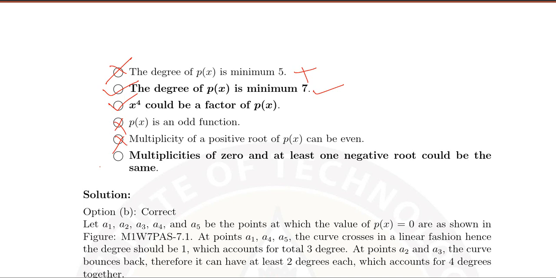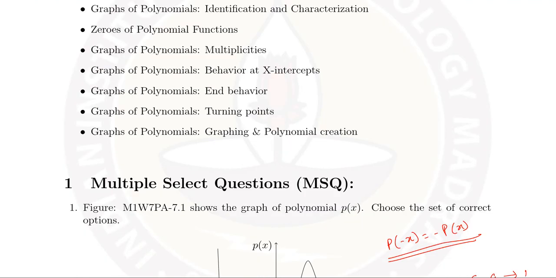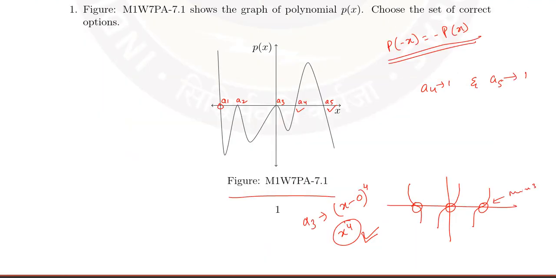Now let's see the option given to us. We can see here there are two negative roots, one at a1 and a2, and it says at least one negative root will have the same degree as the one which is at a3, correct? Which is the 0 root.